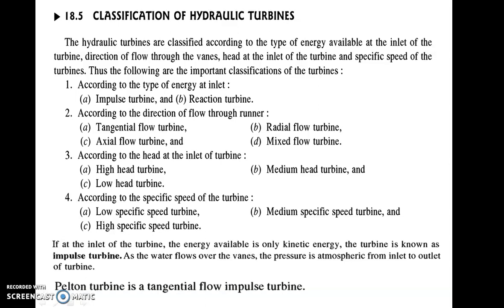Some dams are constructed at a very high height, some at a low height, so depending upon that there is a classification. Then according to the specific speed of the turbine, which we will see in detail, but for the time being it is low specific speed, medium specific speed and high specific speed. In detail we will see the hydraulic turbines in the next lecture. Okay, Pelton turbine.